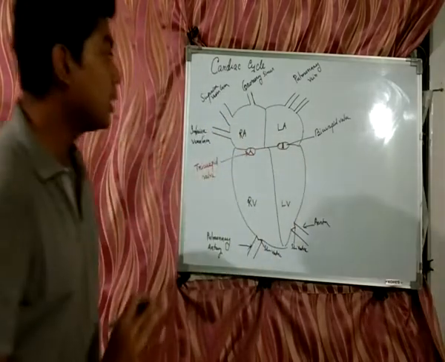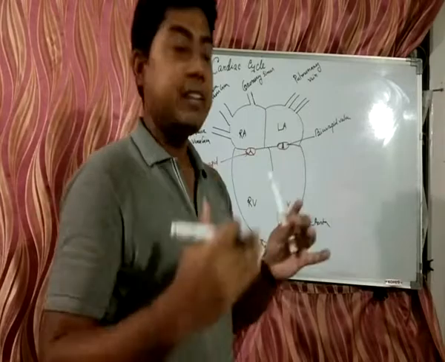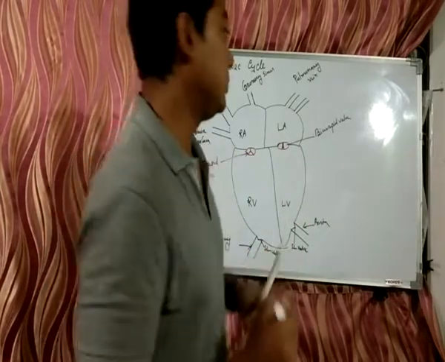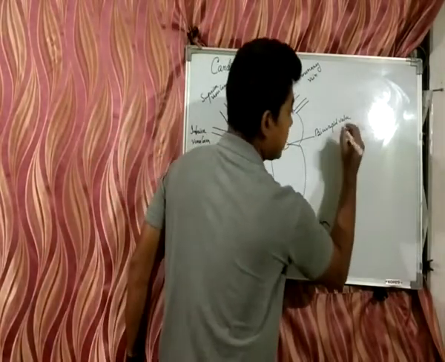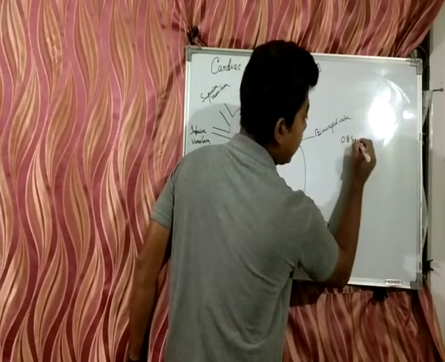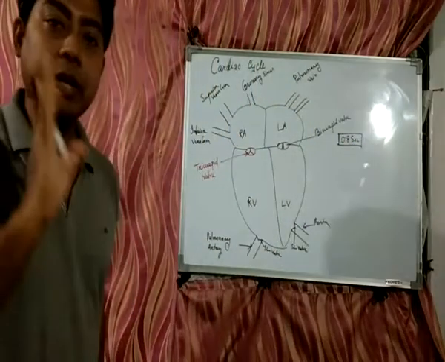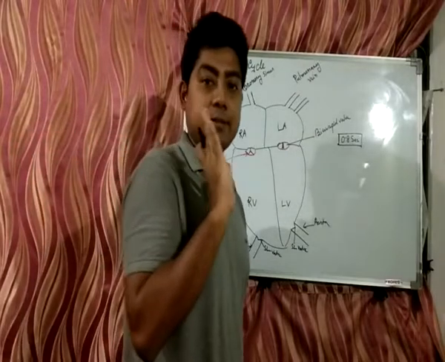Now, one cardiac cycle occurs in 0.8 second. Now I am going to divide that 0.8 second into 5 events.